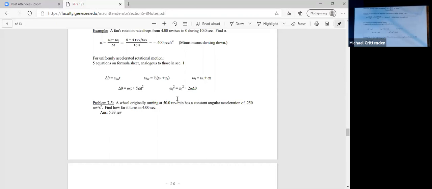In fact, the list of what you're given and what you're trying to find is even more important now because it was probably not that hard to see that v stood for velocity and a stood for acceleration and that kind of thing back in section 1.